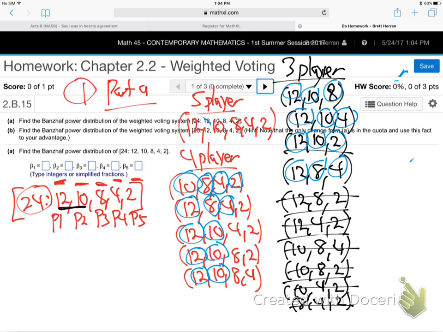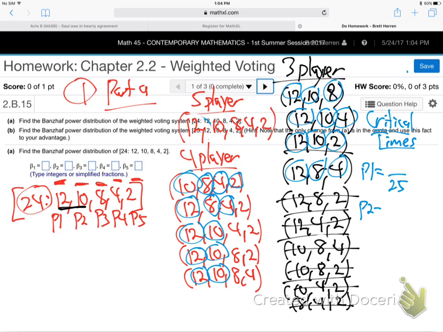So, how many critical times were there? I don't know. 1, 2, 3, 4, 5, 6, 7, 8, 9, 10, 11, 12, 13, 14, 15, 16, 17, 19, 20, 22, 23, 25. 25? Did you guys get that? Anybody else doing this problem?